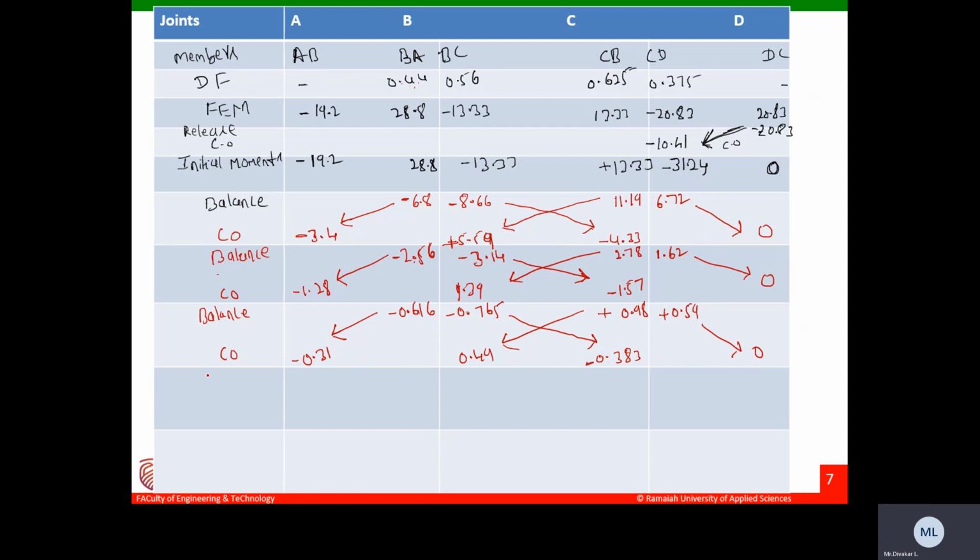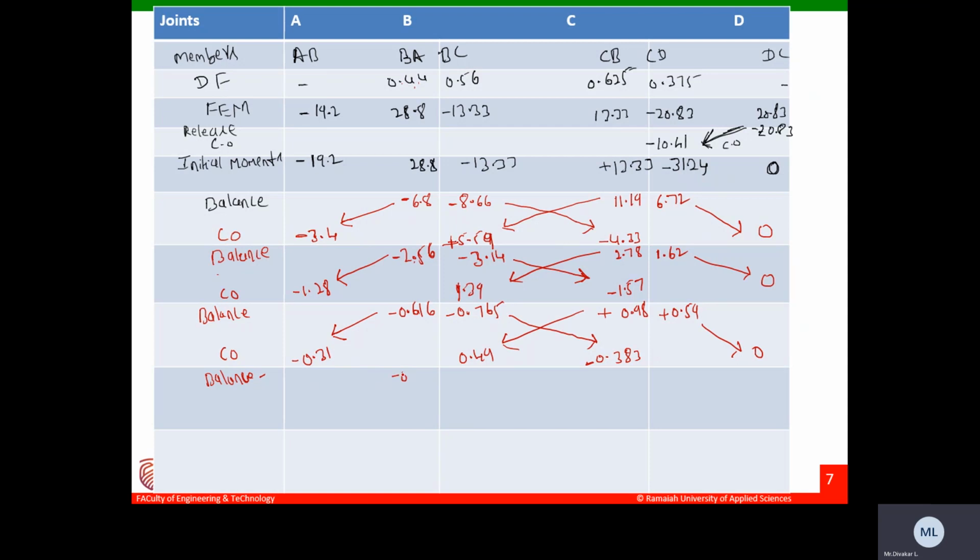Then once again do the balance. Now if you do once again the balance, it will be what? 0.49 multiply with the 0.44, change the sign, write down the values.